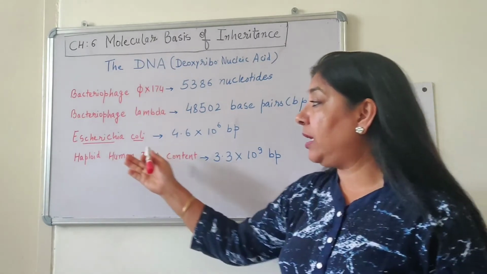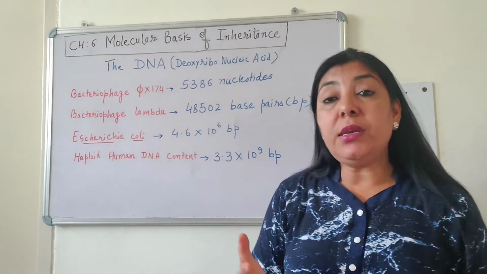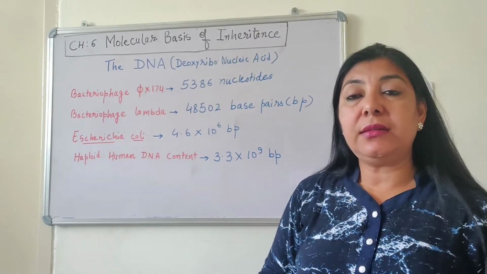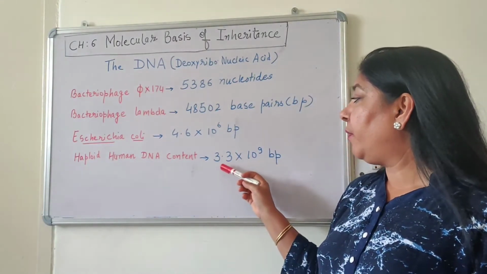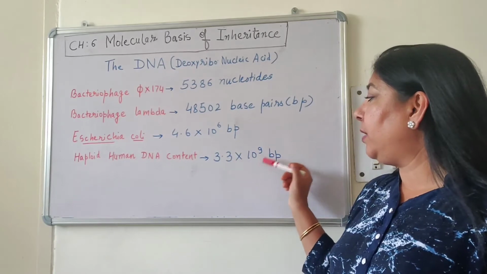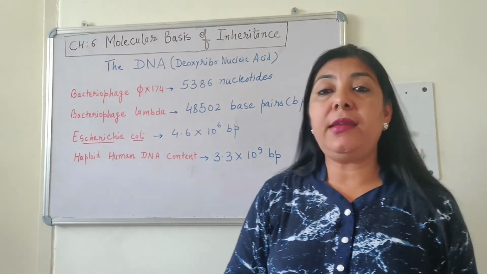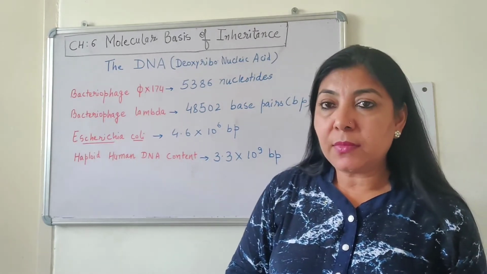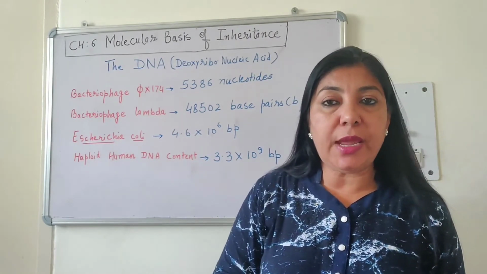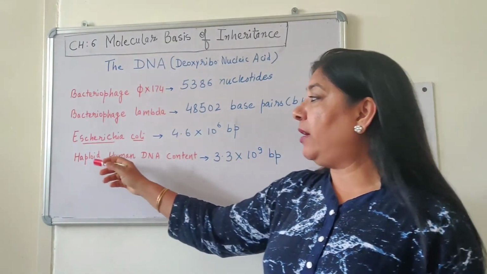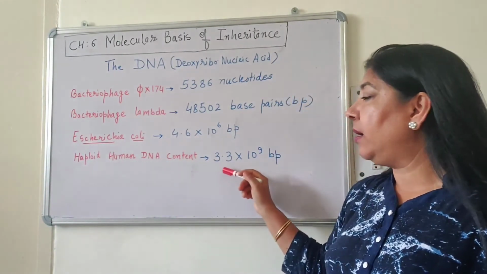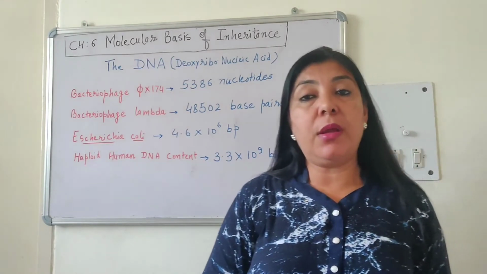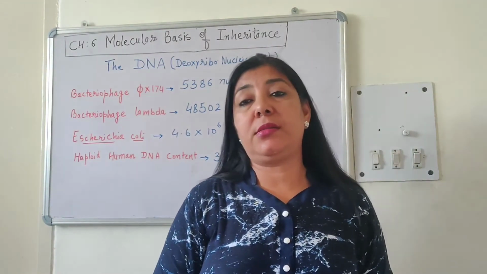And in case of the human haploid content inside a cell, it contains 3.3 into 10 raised to the power 9 base pairs. If I ask you diploid, how much will it be? When I say diploid human DNA content, it will be 6.6 into 10 raised to the power 9 base pairs.